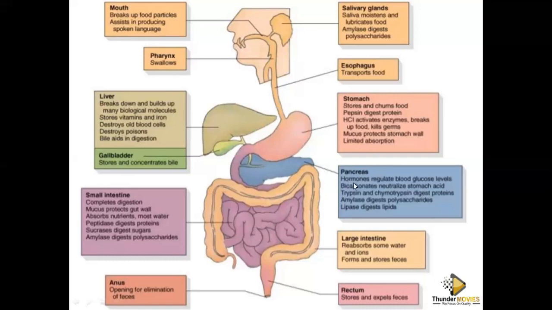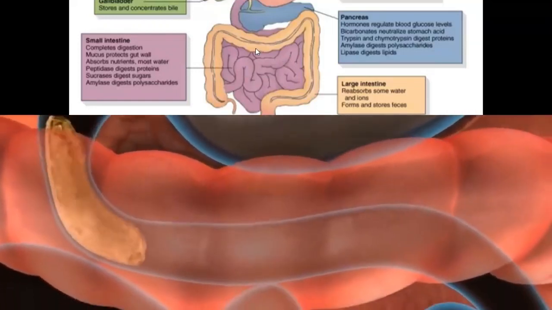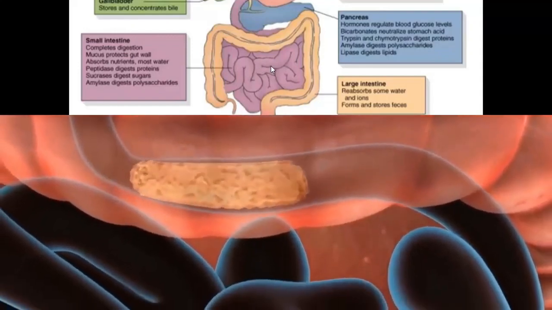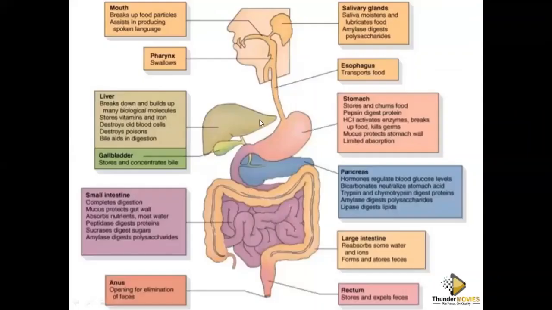In the small intestine, you complete the digestion, and absorption also takes place here. A lot of digestion and absorption are taking place in this part. So if you don't have this part in the body, then it means that you're going to suffer from hunger. Even if you eat, the food will just go out without being absorbed.